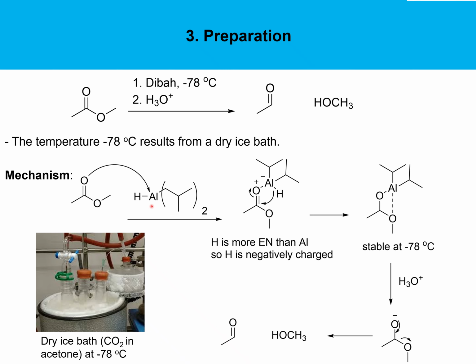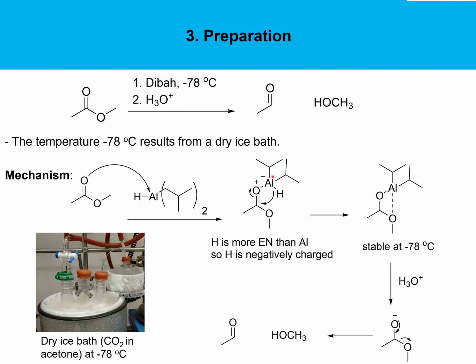We can do that by accepting a lone pair from this oxygen to make this intermediate, which is a Lewis acid-base adduct. The oxygen will now have a positive charge, the aluminum will have a formal negative charge, and they're bound to each other.